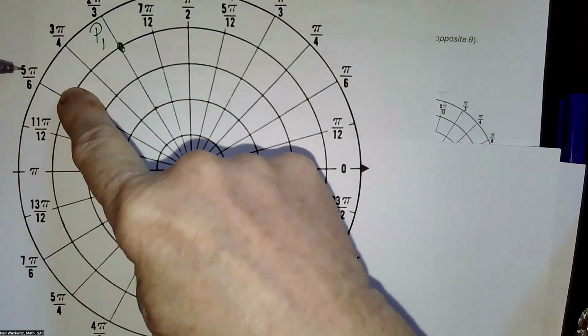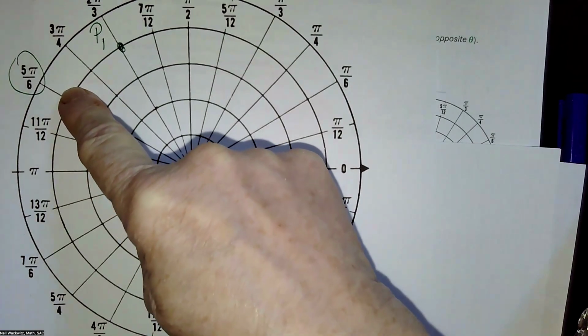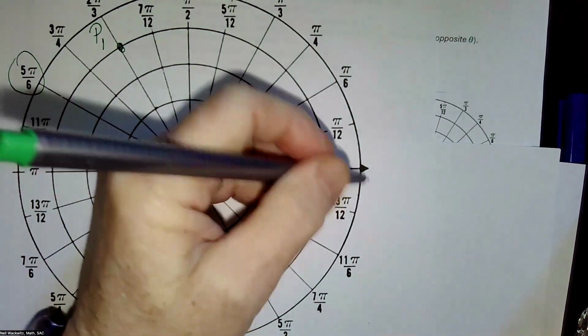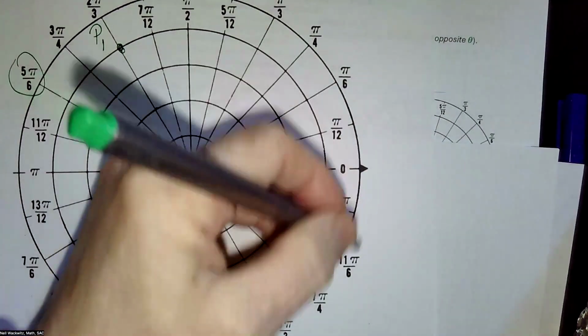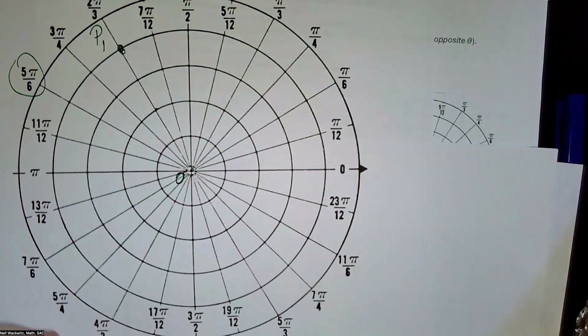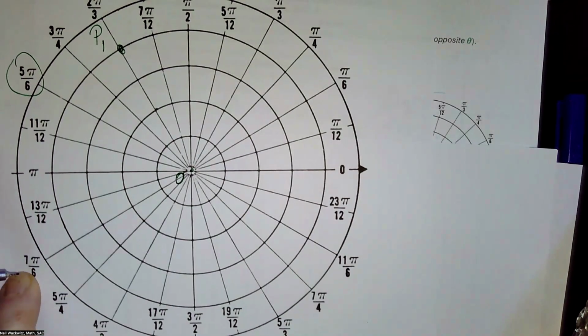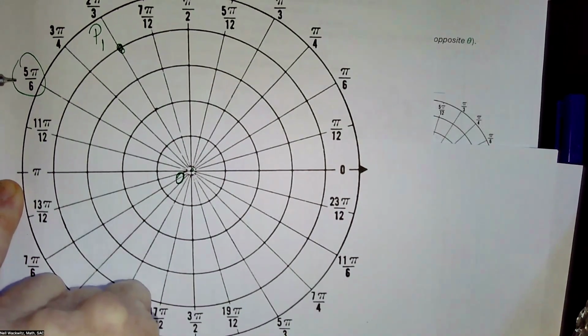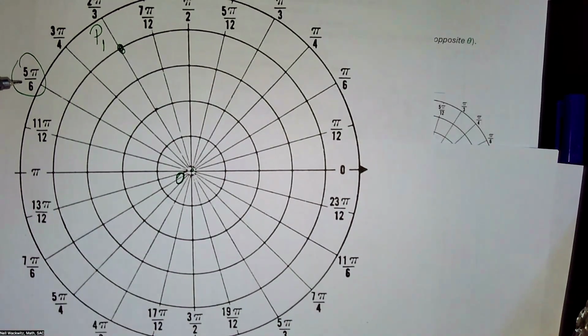And of course, it will align with another pi over 6. So do you see we have 1 pi over 6, 2 pi over 6, 3 pi over 6, 4 pi over 6, 5 pi over 6, 6 pi over 6, 7 pi over 6, but we went in the clockwise direction, so it's negative.